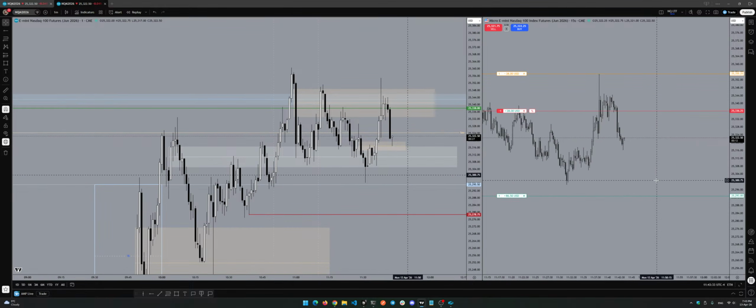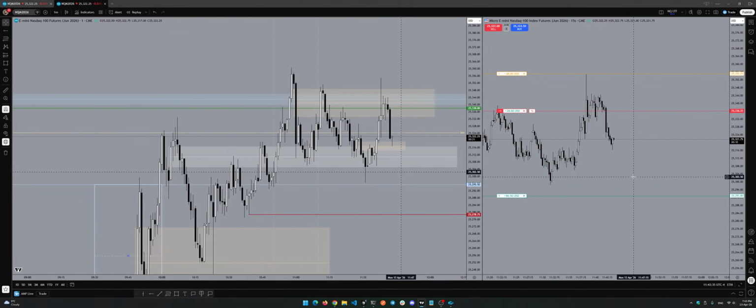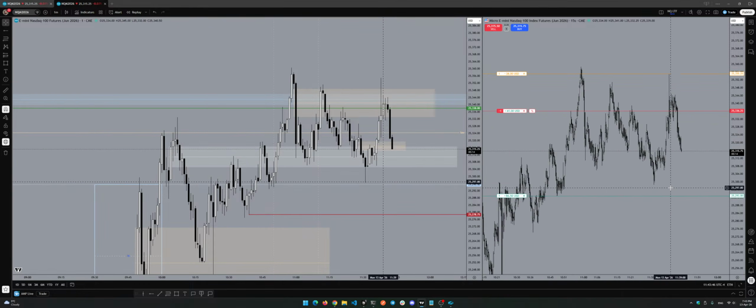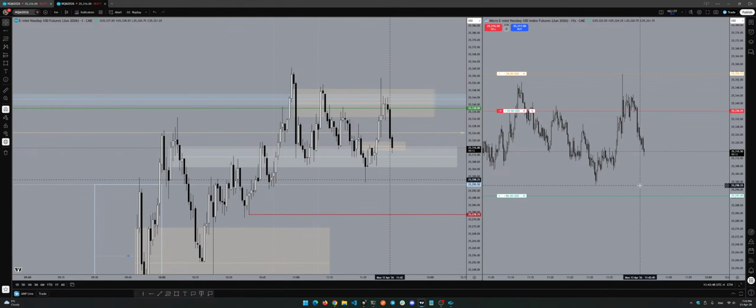We'll have to wait and see. There's a tiny bearish MSS in the 15-second chart. Starting to accelerate probably.